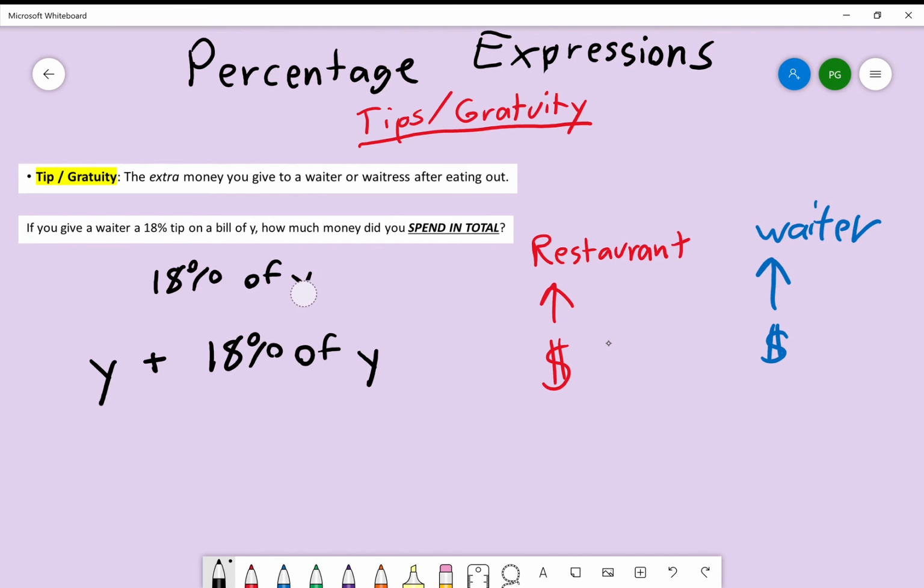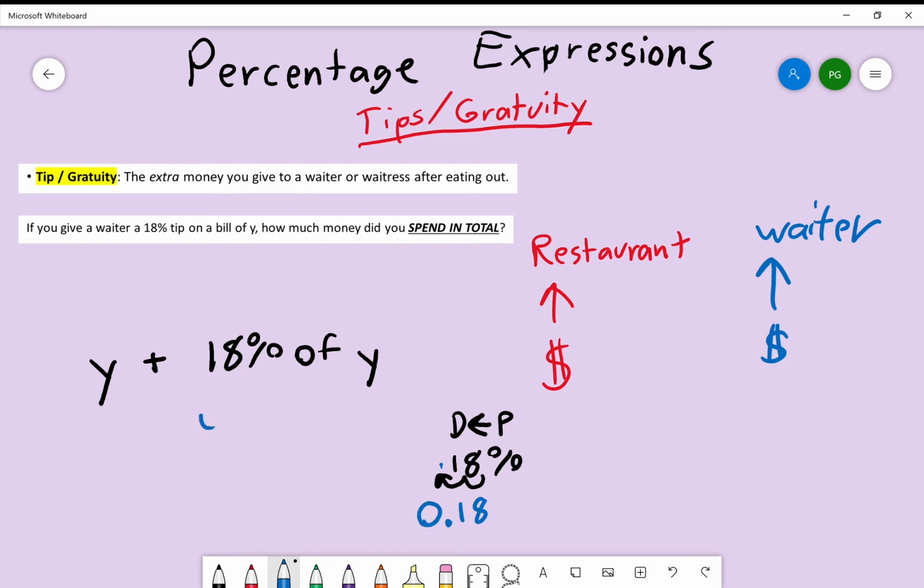But that's not good enough. I want to make that an expression, just like the others. Well, 18%, as I mentioned to you before, to go from percent to decimal, P to D in the alphabet, you move to the left. So you take your decimal point on 18 and you move it 2 spaces to the left. That's going to be 0.18.